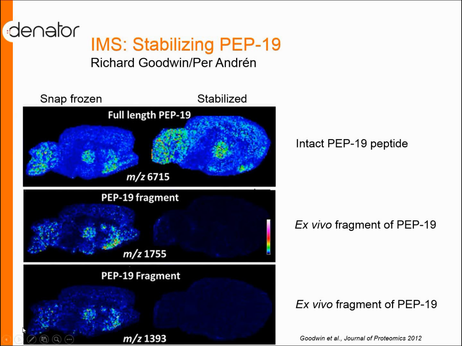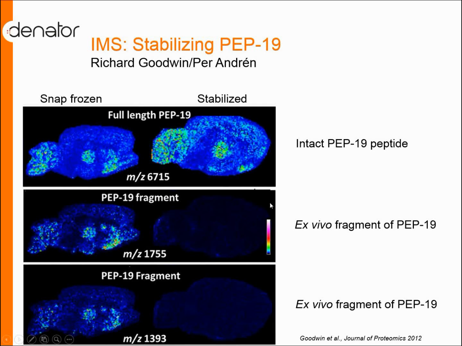The left column is the snap frozen, and the right is the stabilized sample. Here we're specifically looking at an M/Z value of 6715, which has been identified as a neuropeptide called PEP19. We see the distribution in the snap frozen and the stabilized is roughly equivalent, slightly higher signal in the stabilized.